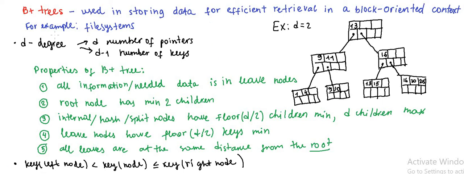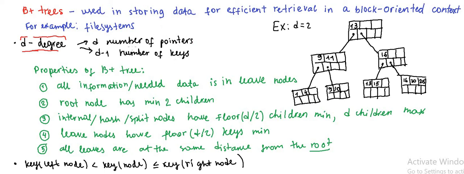And in B plus trees we use a notion of degree. Degree has its purpose in B plus trees. We denote it with the letter D, and it determines the number of pointers and number of keys.